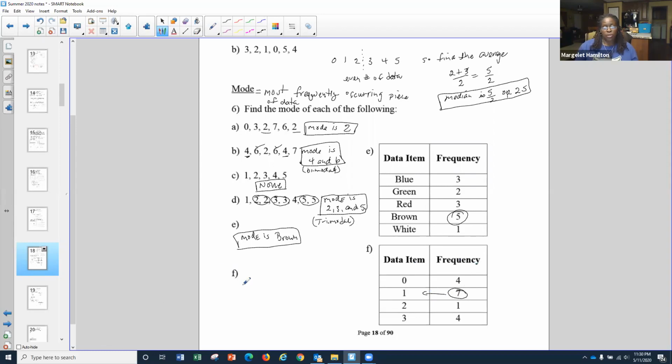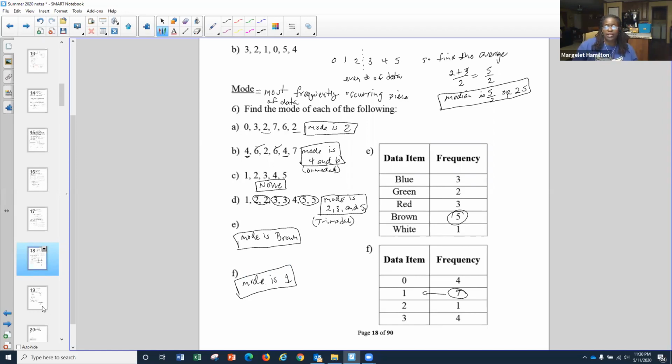So our mode here is 1. So just being able to read our frequency table to see what number appears the most. Very easy.